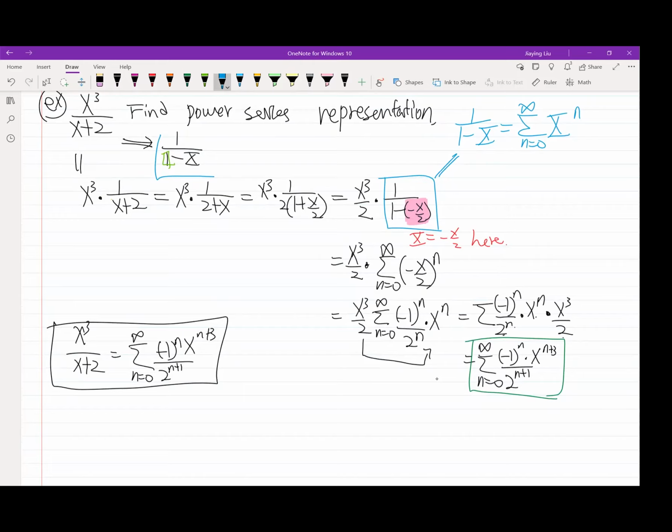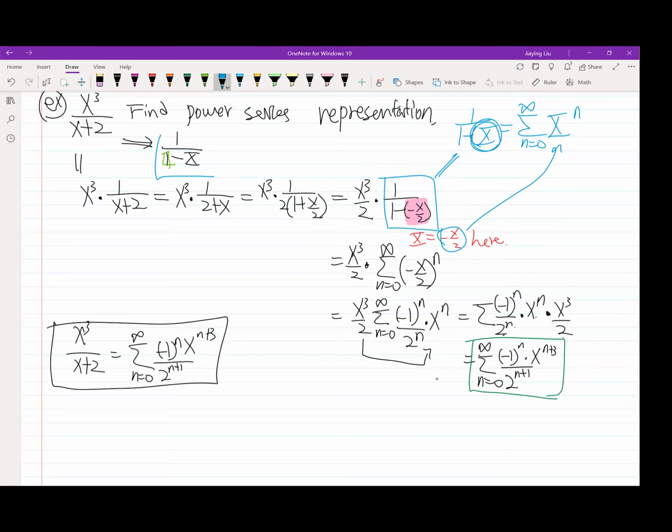Therefore, if I want the power series representation, I can just find the corresponding capital X part, which is negative x over 2. And then I can just put it into the right-hand side, and that gives me the power series representation. So literally take what capital X is supposed to be and put it into the right side.